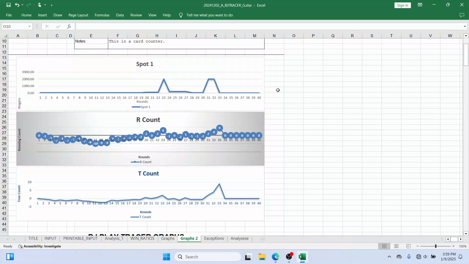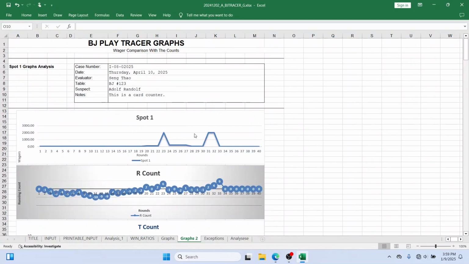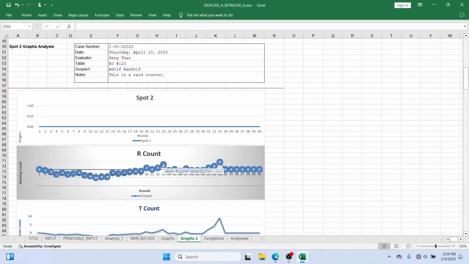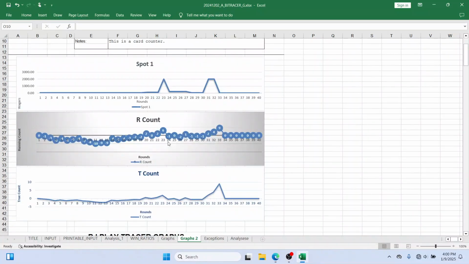They fluctuate. For example, let's say you have spot 1 and spot 2 here. They're playing together and counting, but they understand that surveillance is tracking them. So when the count is high, spot 1 will increase and spot 2 does the opposite, betting neutral, so their chart won't match this.